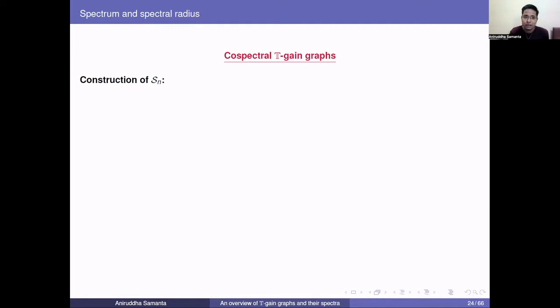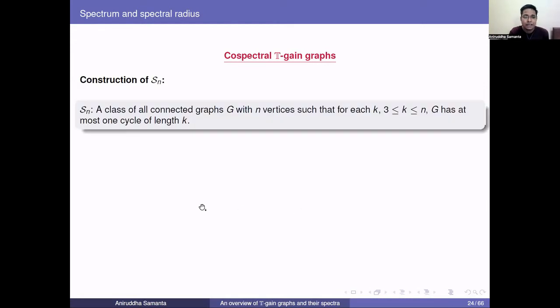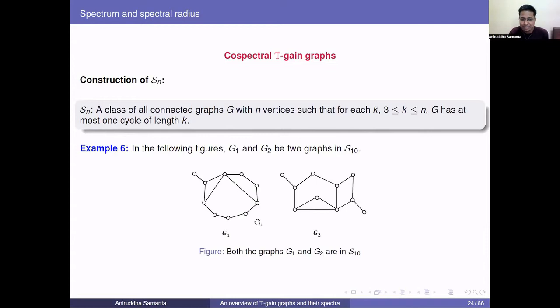One is S_n. The construction of S_n is like this: a class of all connected graphs G with n vertices such that for each k between 3 and n, G has at most one cycle of length k. This is a typical example of a graph in S_10. So this is G1 and G2.